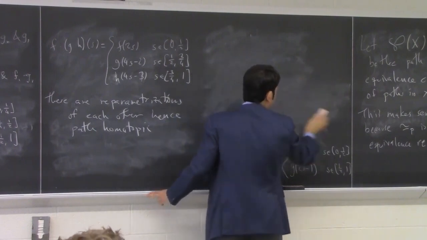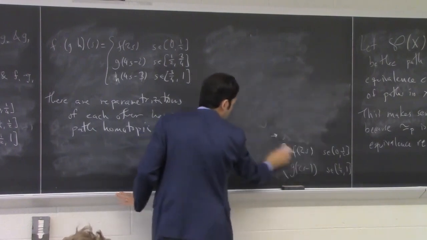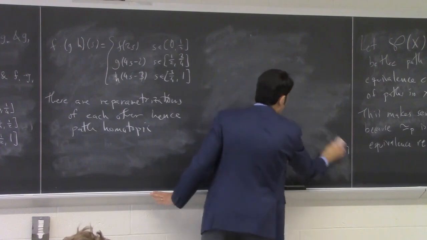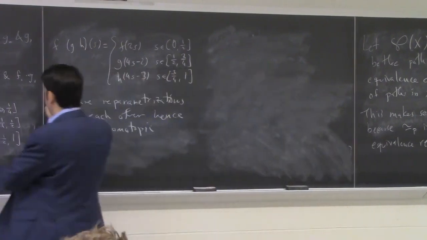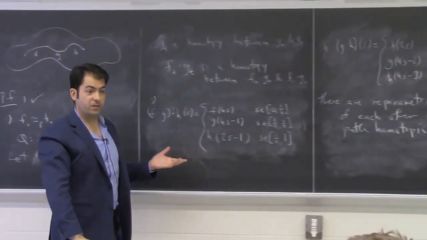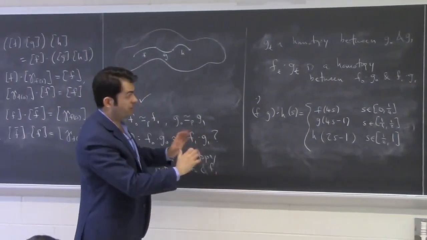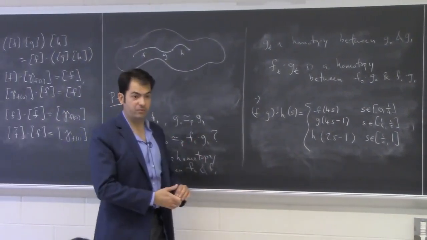And so you see very clearly why we wanted to pass to path-homotopy classes, because they're not associative on the nose. They're not associative as paths, but they are associative as homotopy classes of paths.